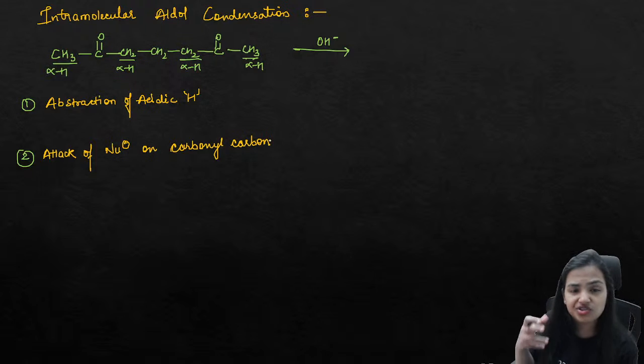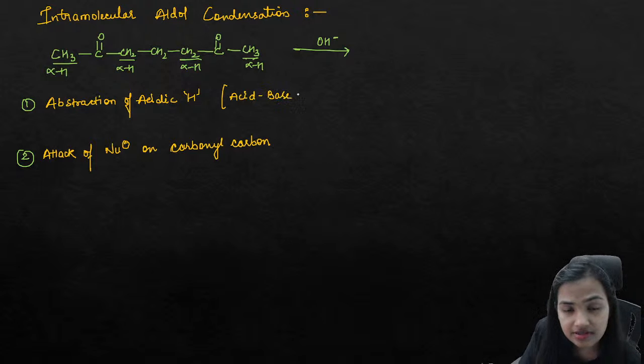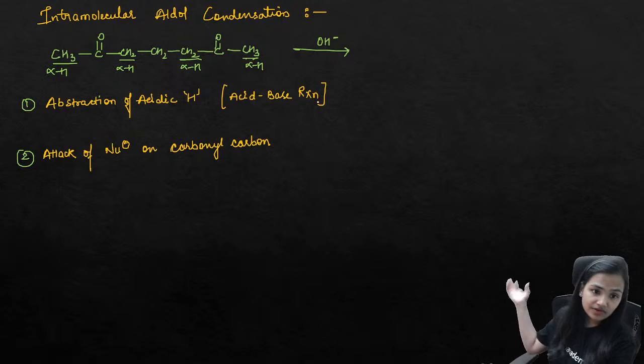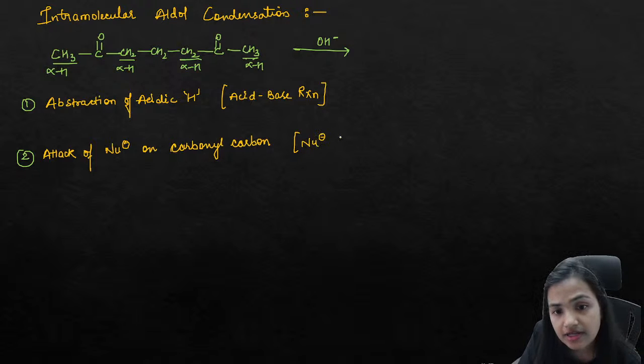When we do the abstraction of acidic hydrogen, it is simply an acid-base reaction. Base is reacting with the acid. And when we do the attack of a nucleophile on the carbonyl carbon, this is a kind of nucleophilic addition mechanism.